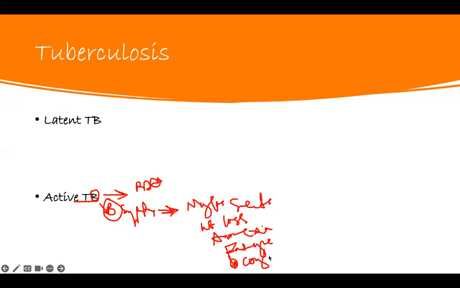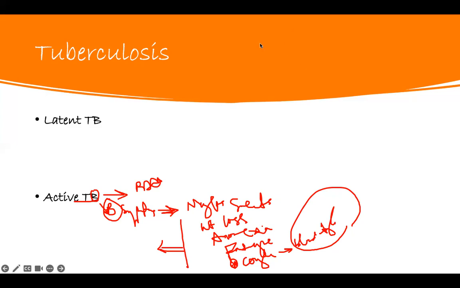They may have some blood in it, a little bit of blood. So this is active, B symptoms with the cough. If you know what B symptoms are, night sweats, weight loss, anorexia, and fatigue, common to lymphoma, you can remember that. And then you add cough to it, that is active TB.